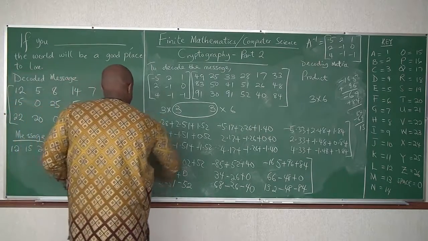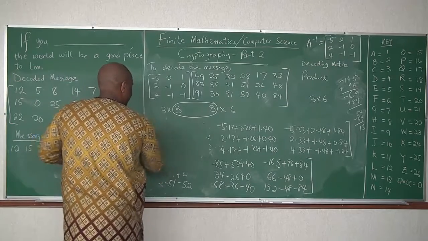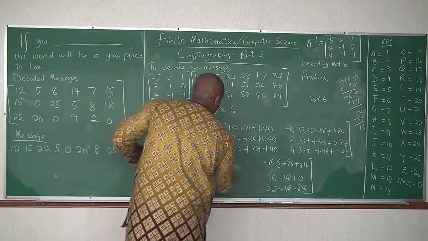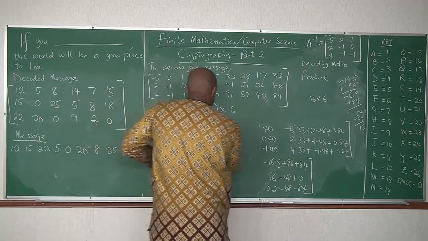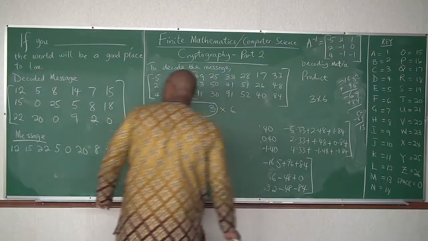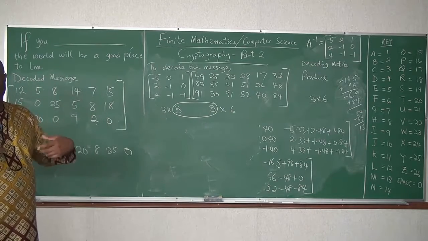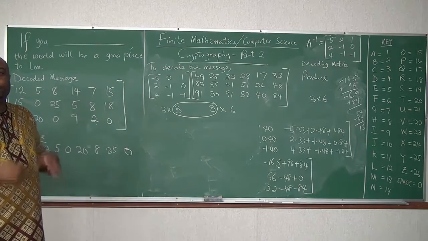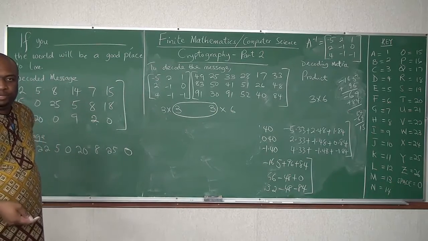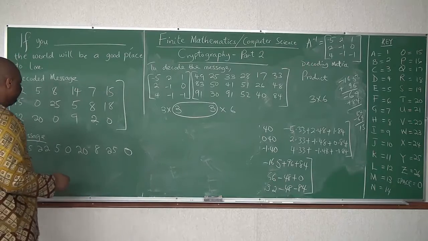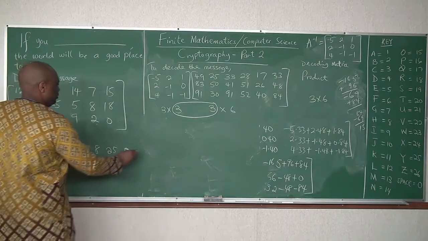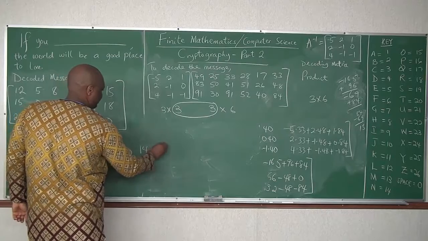Let me, because I need this space. Let us get our message. Let us see what it is that if we do, if I do, if we do, then the world will be a good place to live. Let us see the message. 8, 25, 0, 14, 5, 9.